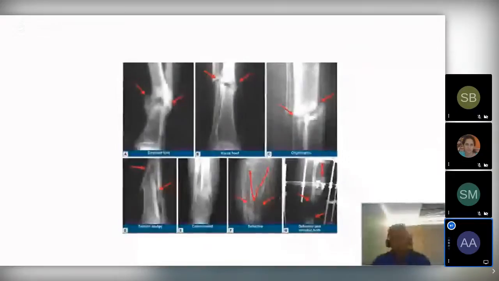So this will indicate what we have to do. Here the biology, the nature, has attempted to heal. Here nature or biology has failed in fracture healing. So in hypertrophic, or if there is any callus formation, what is required is immobilization.